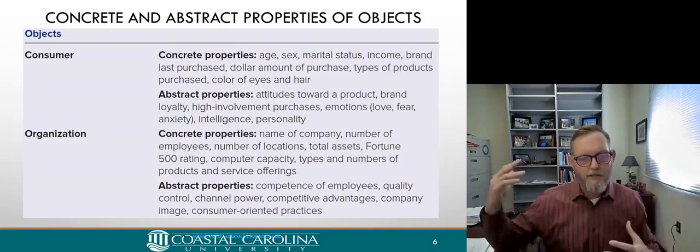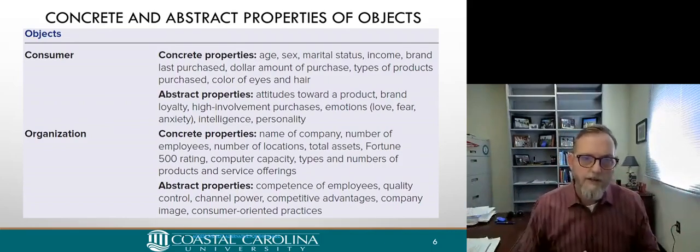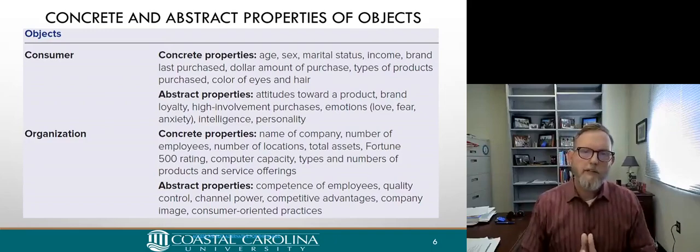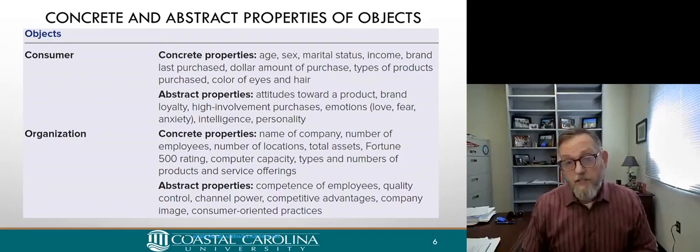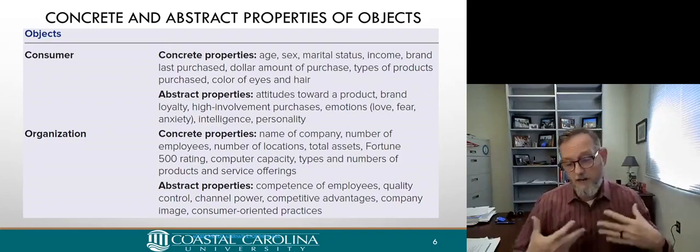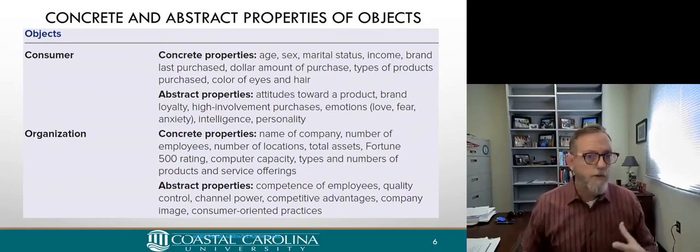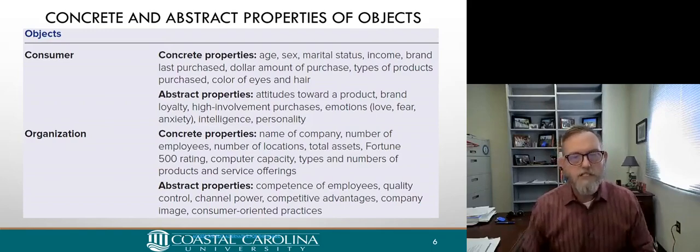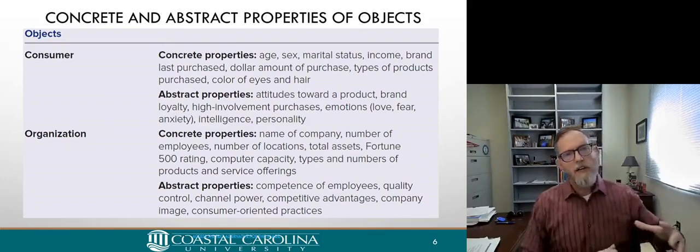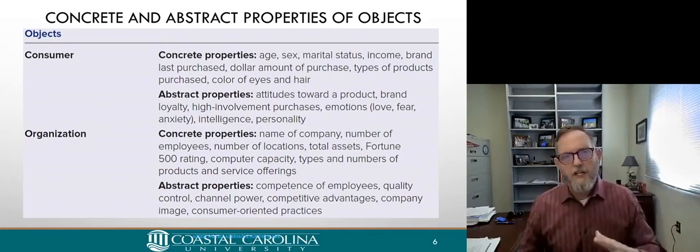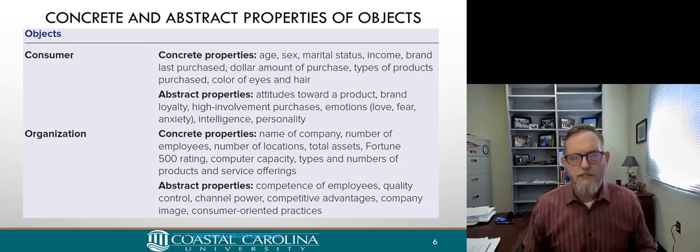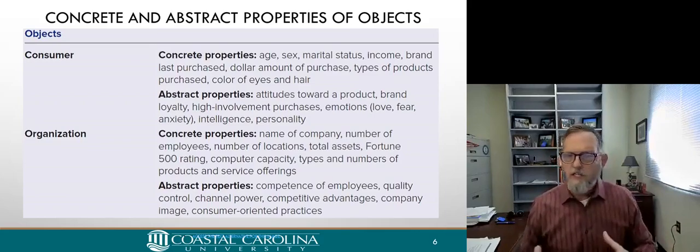Abstract properties, though, happen inside a person, oftentimes mentally: attitudes towards a product, brand loyalty, involvement, which is a concept of how active a person is in the process of buying, emotions, and so forth.